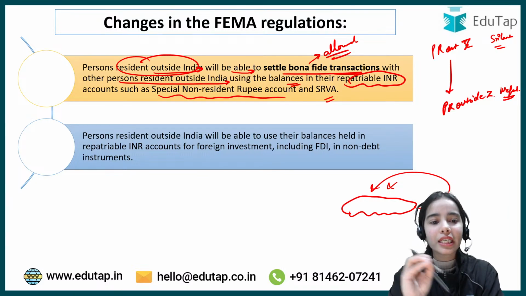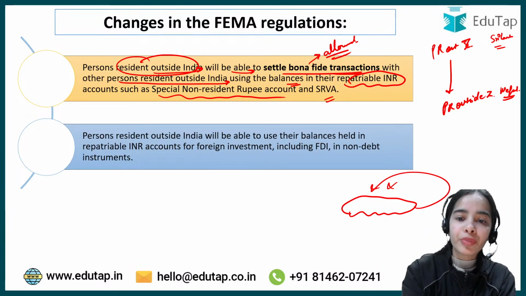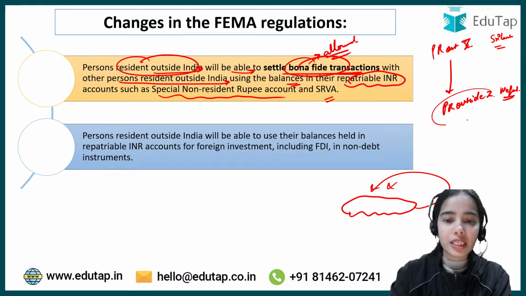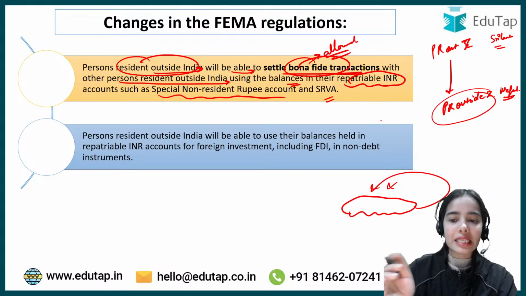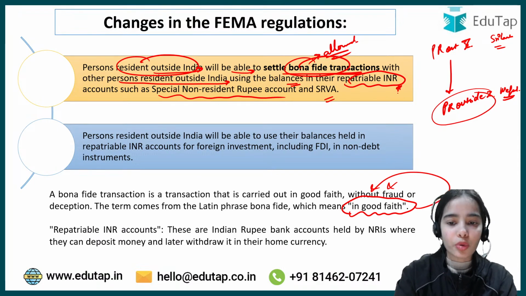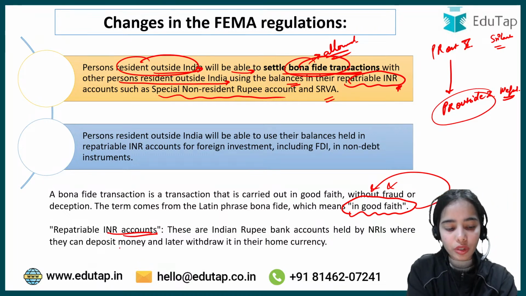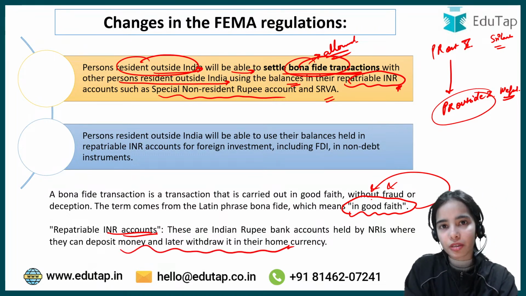So the person resident outside India will be able to settle the bona fide transactions, that means allowed transactions, with another person resident outside India using the balances in their repatriable INR accounts. That means using the balances in such INR accounts from which money is allowed to be withdrawn to their home currency.